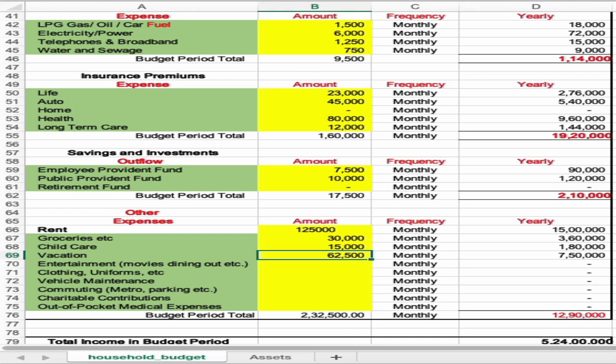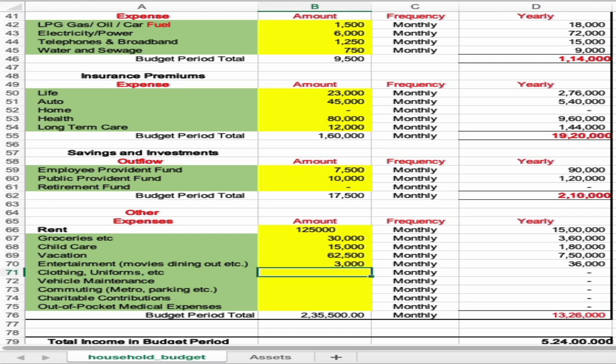When you know approximately you spend 7.5 lakhs a year on foreign holidays, entertainment, movies and so on. Let's say you go to two movies a month and you spend 1,500 rupees per. So you can use the formula right here.